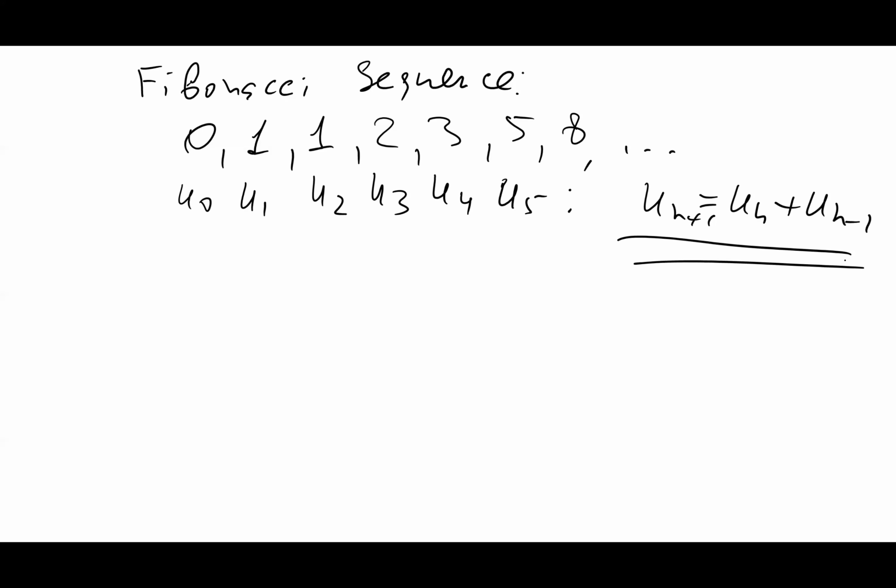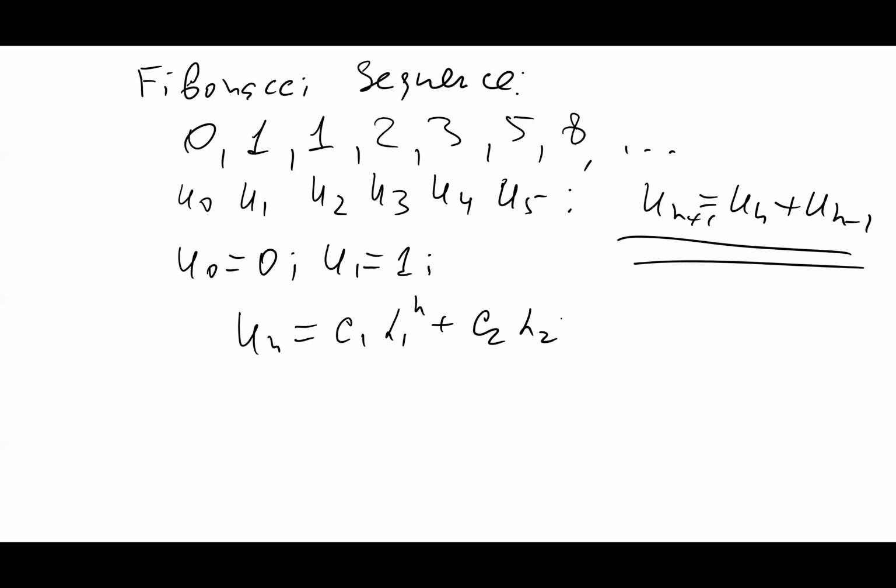The only interesting question about this is whether you can find, so what we have is u0 equals 0, let's say, and u1 equals 1. And we know that un equals c1 lambda 1 to the power of n plus c2 lambda 2 to the power of n.